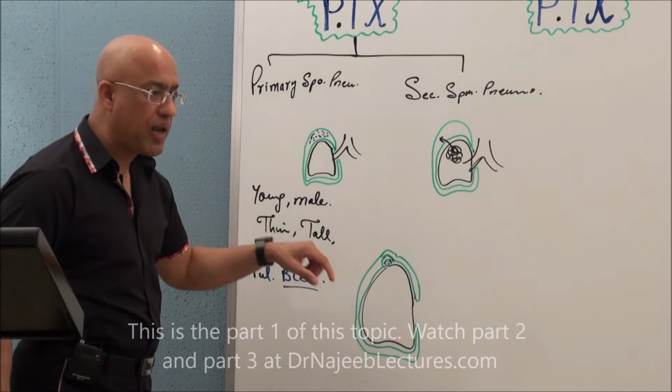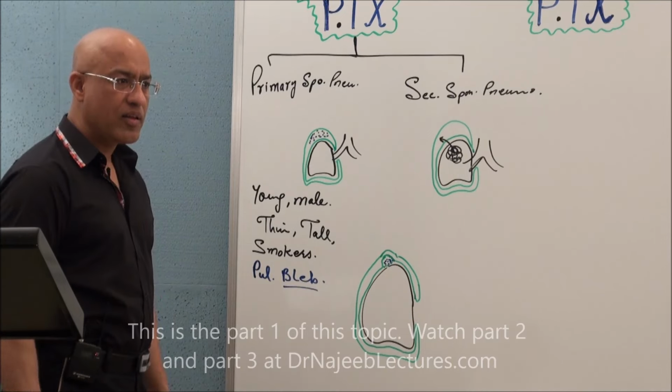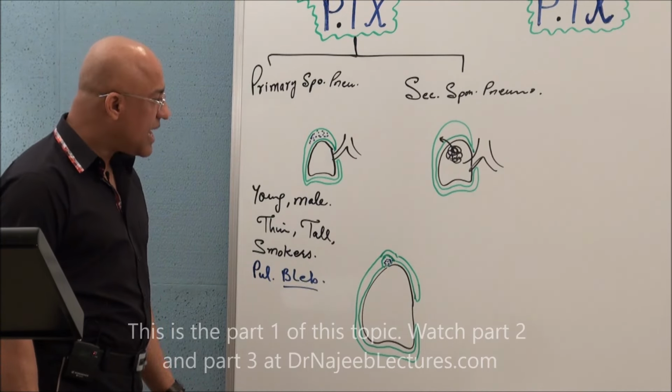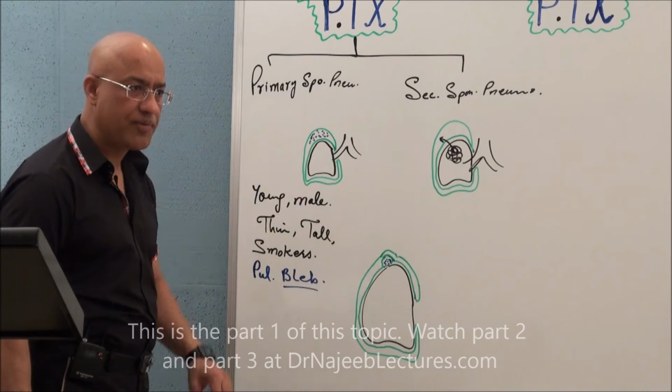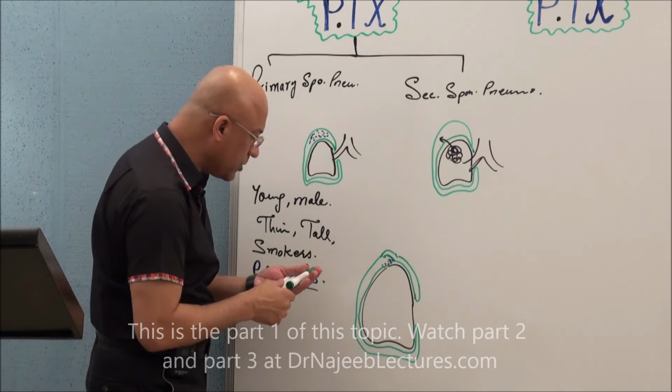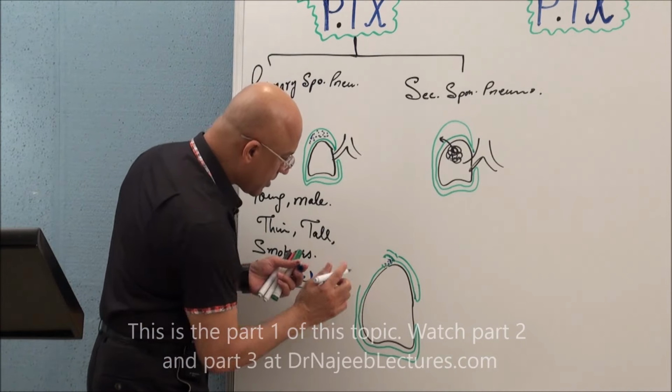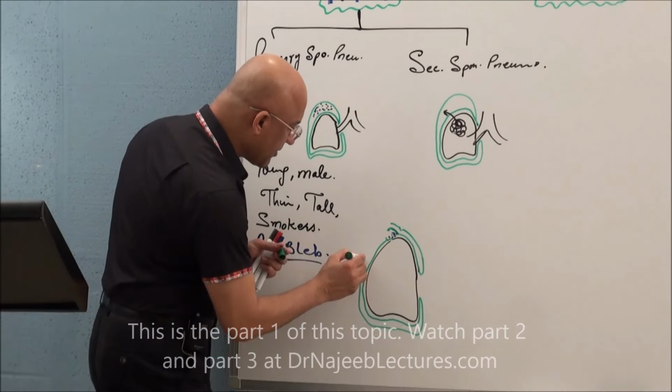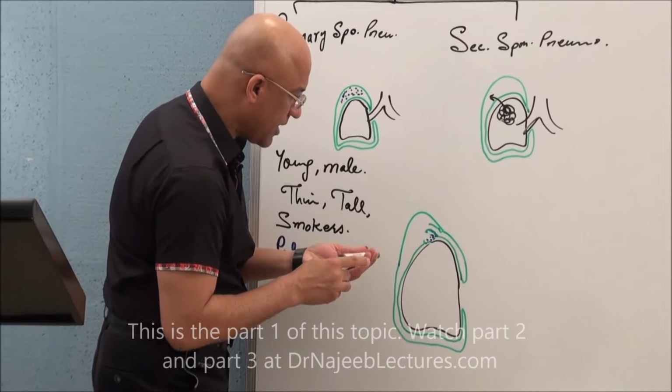Now these are multiple blebs in usually young, thin, tall males, and sometimes they rupture. And when this bleb ruptures, of course, air will leak into the pleural cavity.